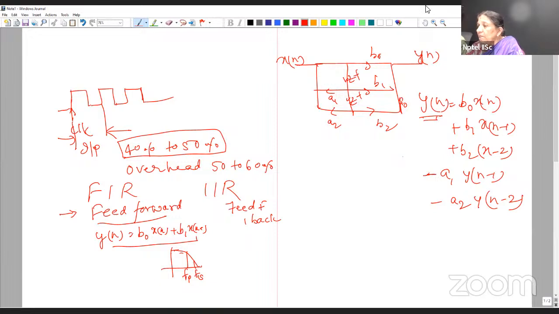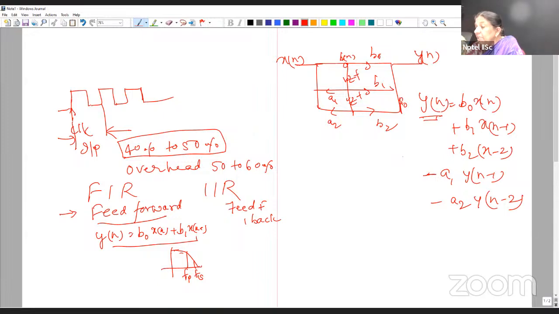The disadvantage here is that we have this, we call it W of n. If you take this, there are two additions we have to do, so there is going to be one adder and then one more adder. Whereas in the second order section, if it is a direct implementation, we'll have only one adder.